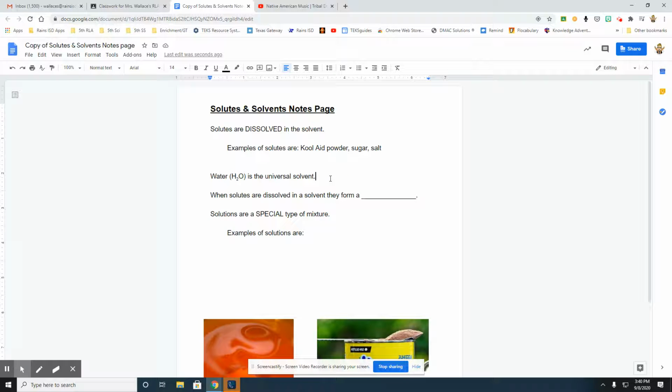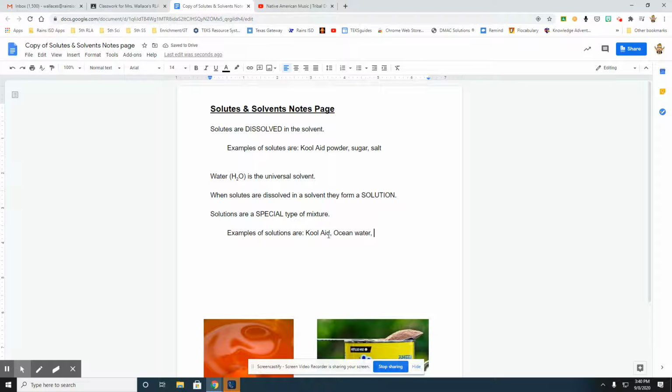So when solutes are dissolved in a solvent, right, the solute gets dissolved in the solvent, that's when they form a solution. And that's what we have been studying in this unit. So solutions, we know Kool-Aid, once you have dissolved the drink powder in there, that is a solution. You've got ocean water, not from Sonic, but from the ocean.